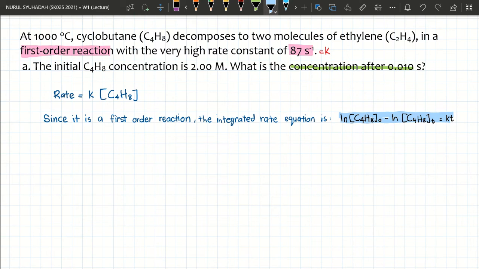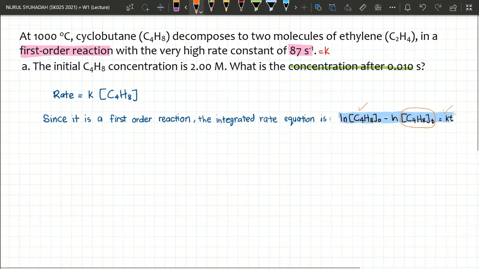So let's look back at the information that we have. We want to find the concentration after 0.01 second, meaning we want to find this part, the concentration at a certain time. To answer this question, the information that you need is the initial concentration of cyclobutane, the value of the rate constant, and also the time.